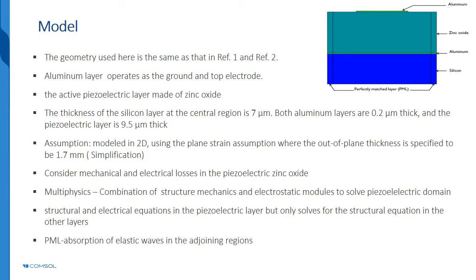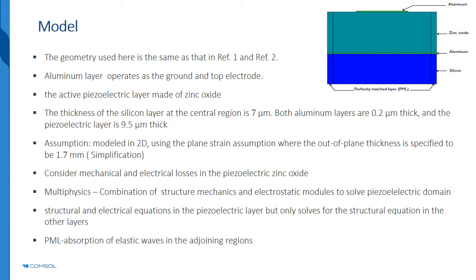The model that we will try to simulate is shown here. The geometry and the model are taken from references 1 and 2 that I will show at the end of the slides.